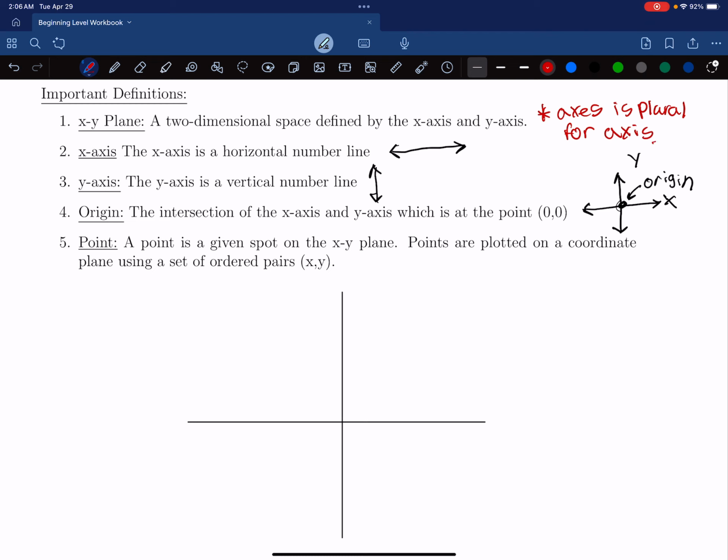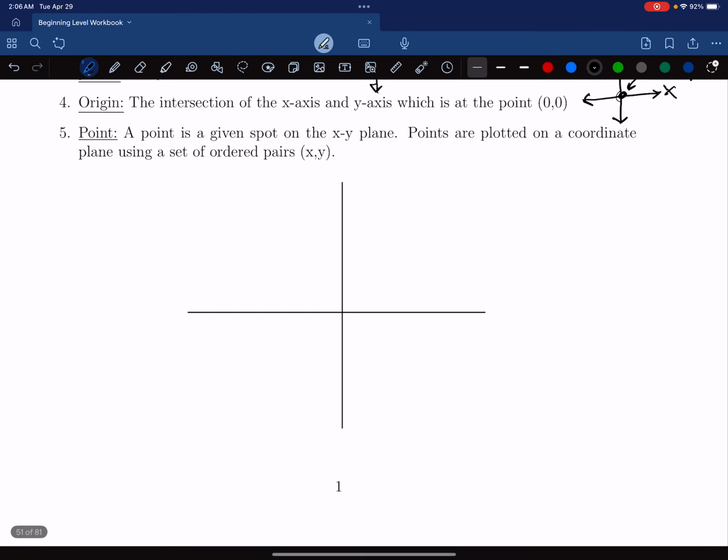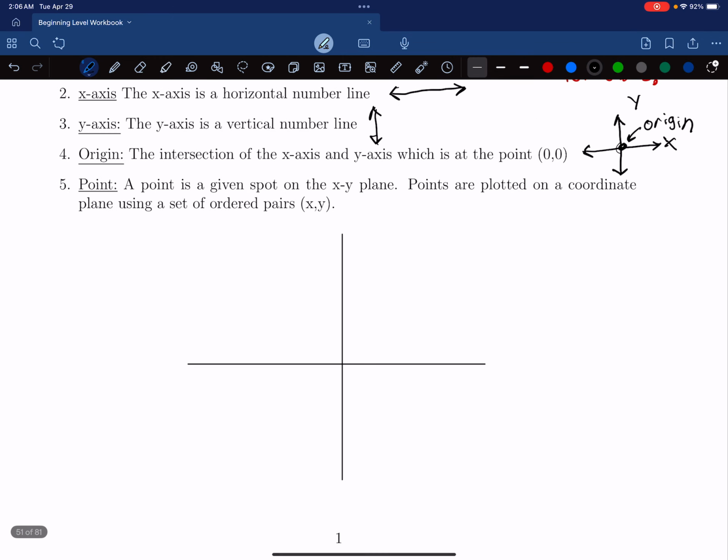So now that we got the axes drawn out, I'm now going to draw an arrow on all the ends of these axes. And these arrows are indicating that these lines are going forever in the direction that they're pointing at. So here, this number line, remember, that is the x-axis.